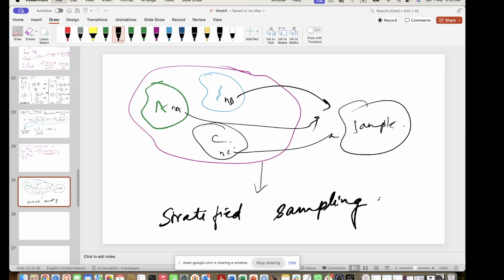We are selecting randomly with SRS from each of the strata.